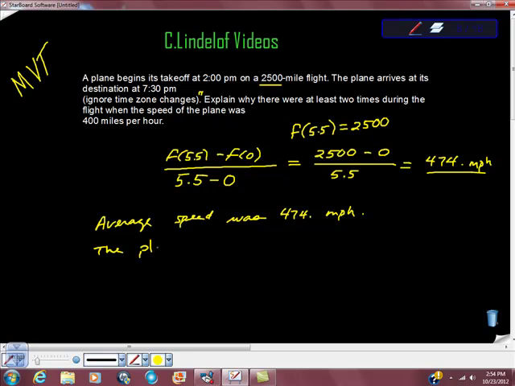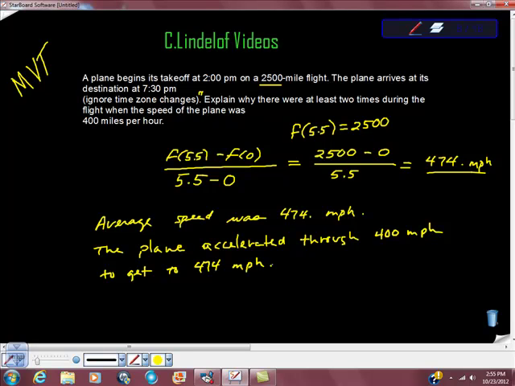The plane, wow, I almost wrote that wrong, accelerated through 400 miles per hour to get to 474 miles per hour, period.